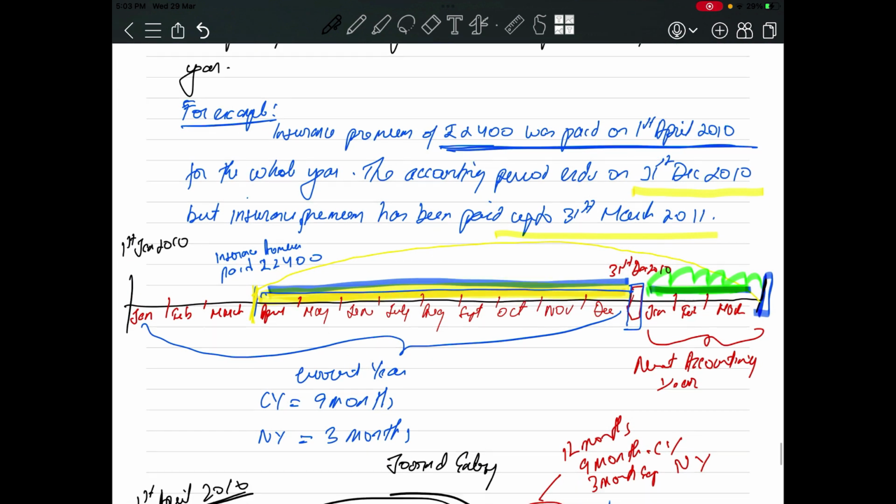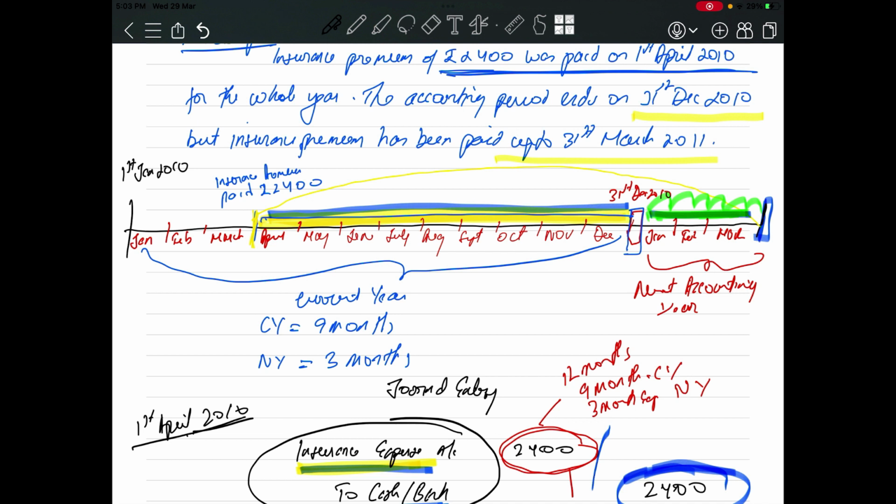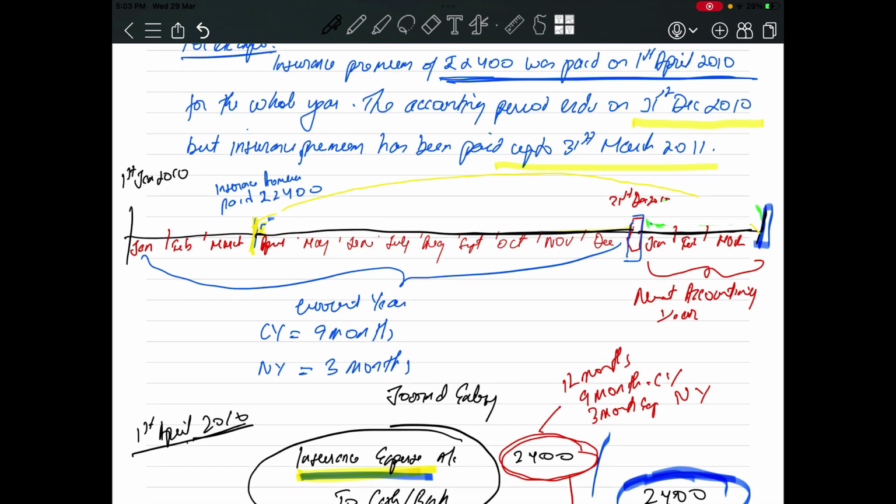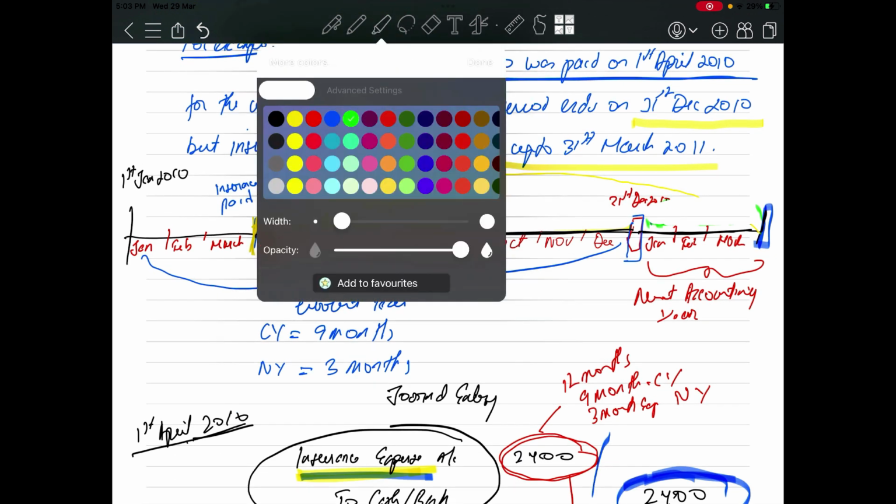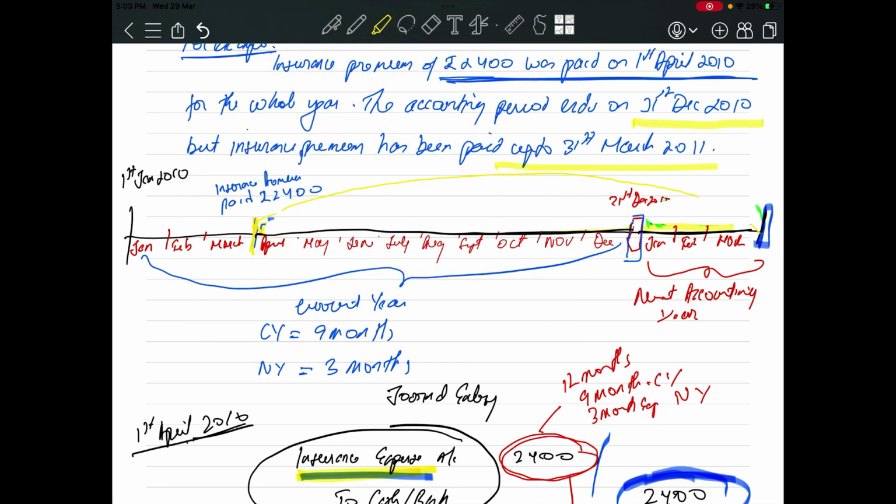Let me sum it up again. What are prepaid expenses? Prepaid expenses are expenses which relate to the next accounting period but have been paid during the current accounting period.